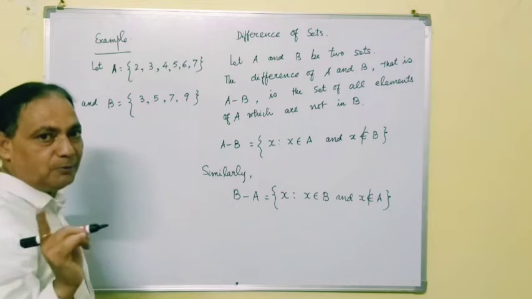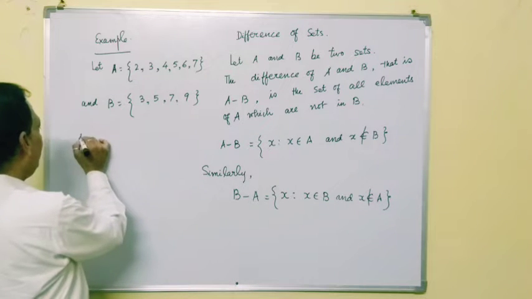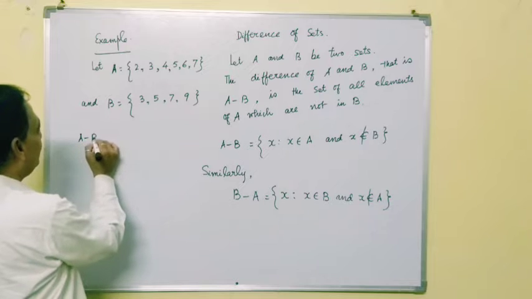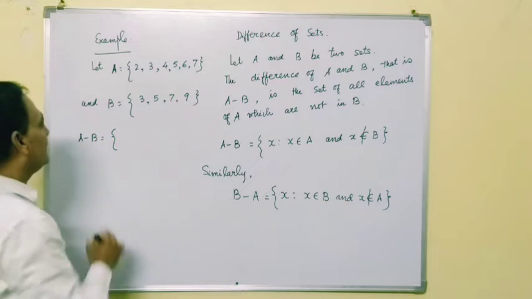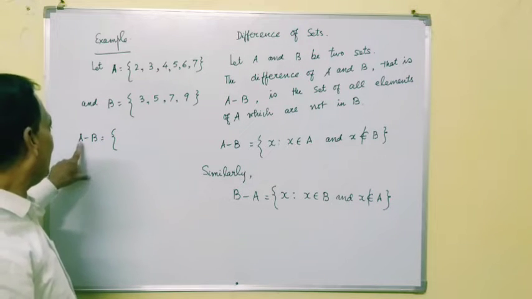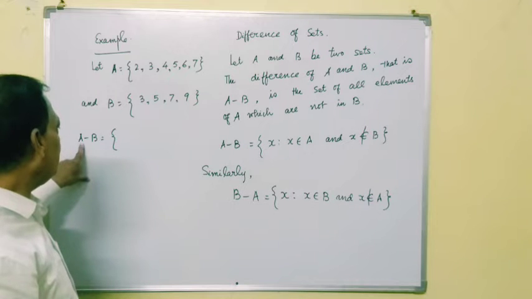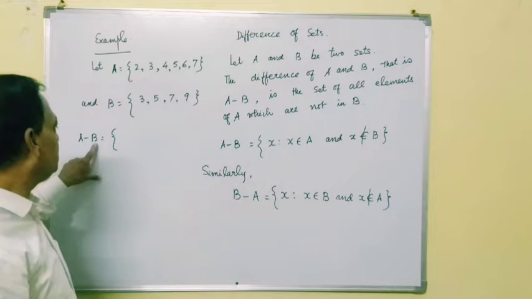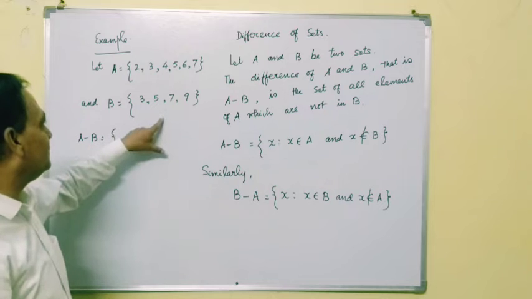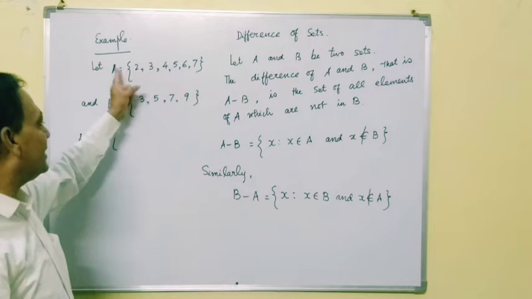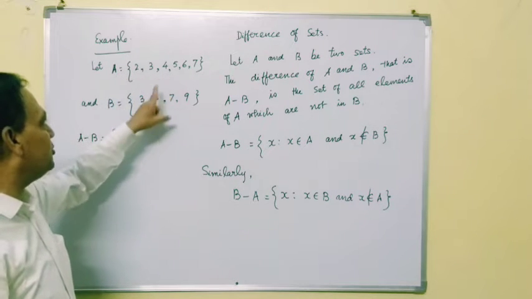Therefore, what will be A minus B? All elements of A which are not in B. तो वे कौन से एलिमेंट ए के हैं जो बी में नहीं हैं?